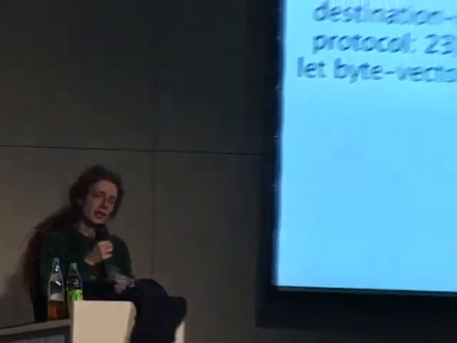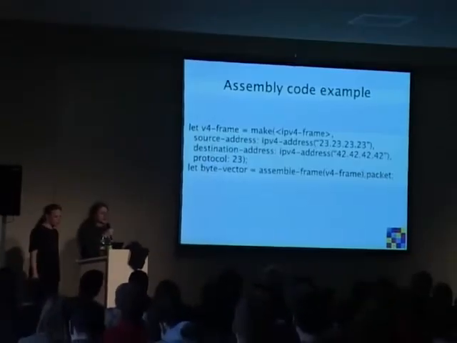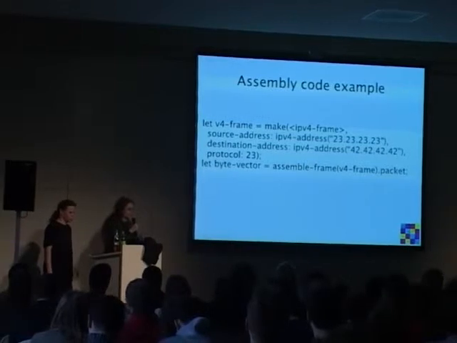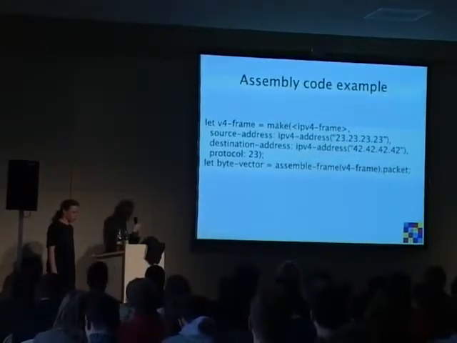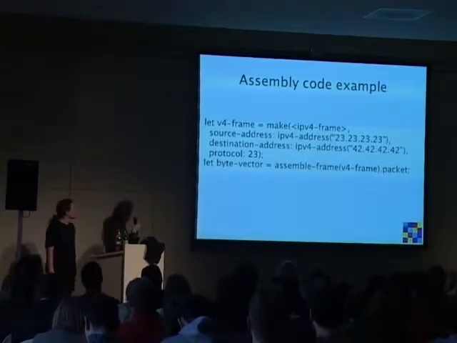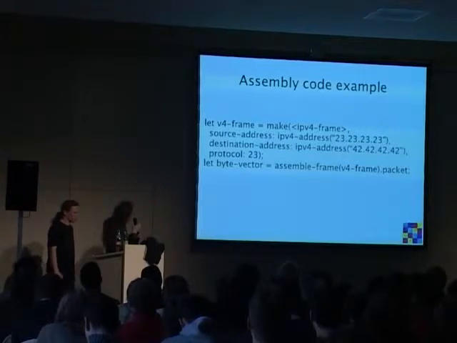So the source address needs to be an IPv4 address, so there's a constructor that creates an IPv4 address from a printed representation for us. Or maybe you have a different source of an IPv4 address, but you're also always handing around high-level packets. And as you see, you specify source address, destination address, and your protocol.